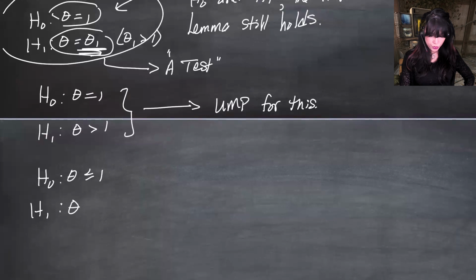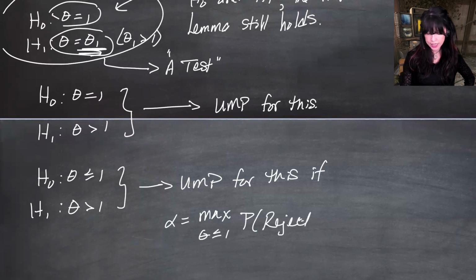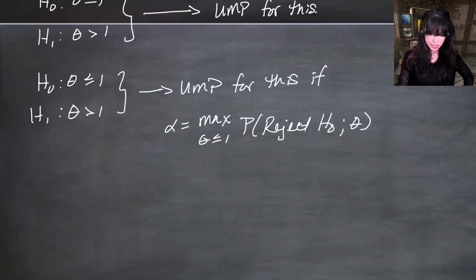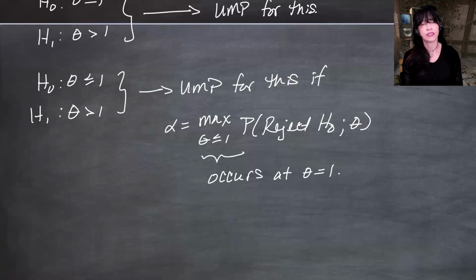And then you can extend it and it will be UMP for this if alpha is the probability that the maximum over theta less than or equal to 1 of the probability you reject the null hypothesis when the parameter is theta, if this max occurs at theta equals 1 on the boundary between the null hypothesis and the alternate.